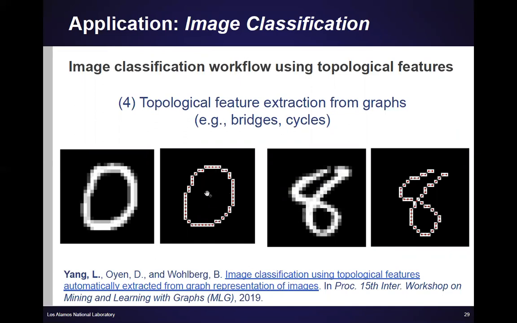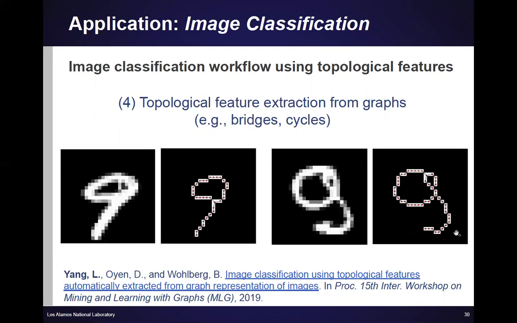For example, this image contains 1 cycle, even though it should have 2, because humans write the digits in different ways. But you will see our method can capture these patterns, even if it has 1 or 2 cycles, if you have enough training data in your data sets. One more example: the 9 has 1 cycle, and it has 2 cycles for this example.